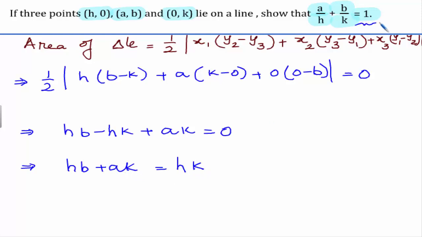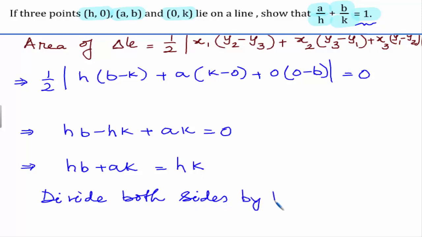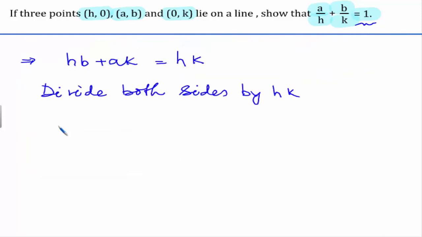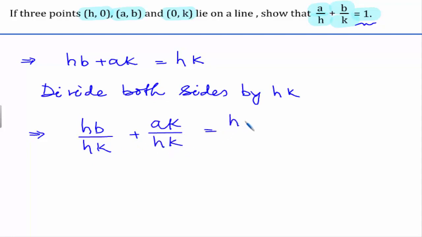But we want an equation having right side 1. Let us divide both sides of the equation by hk. And what shall we get here? hb by hk plus ak by hk, that is equal to hk by hk.